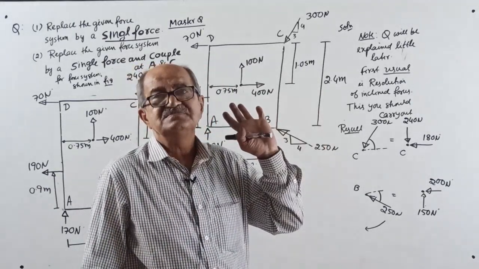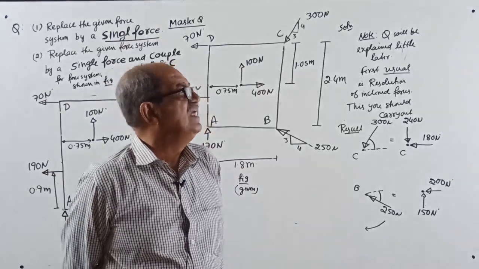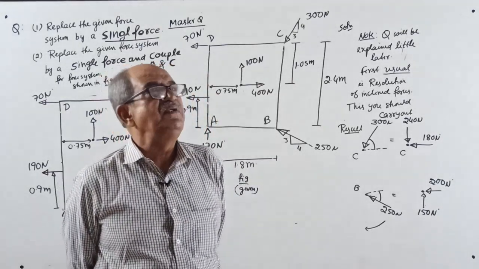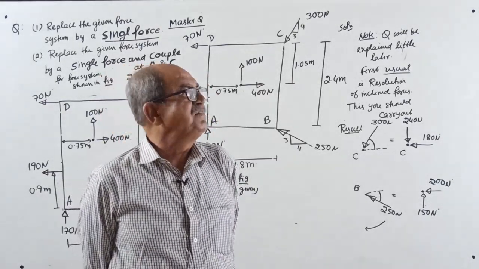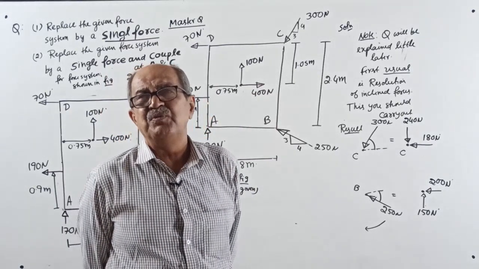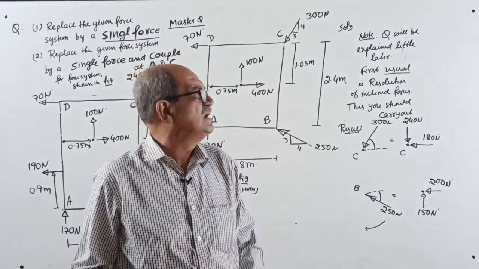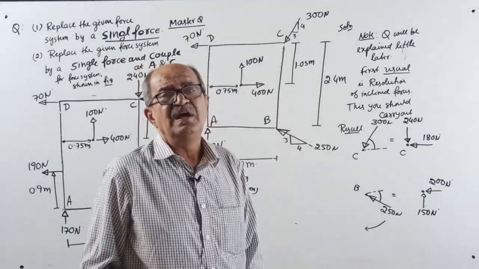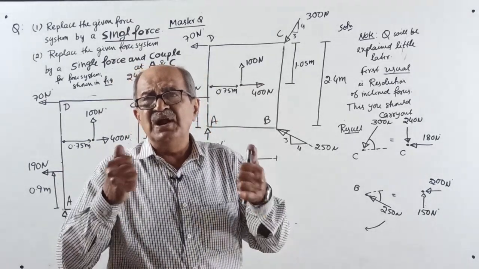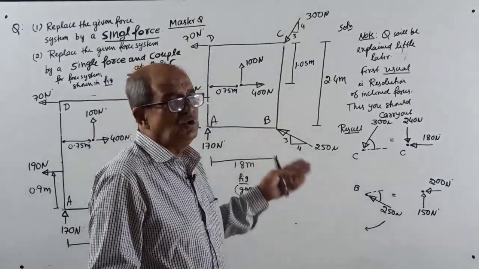Otherwise also, if I tell you the answer has to come 200.95, and you get 953, 954, 956, it's okay because of decimal approximation. But for this master question, I want the question to be in my control.